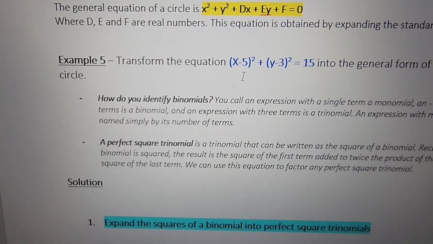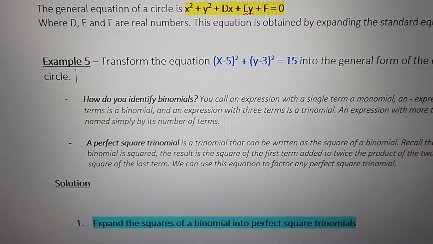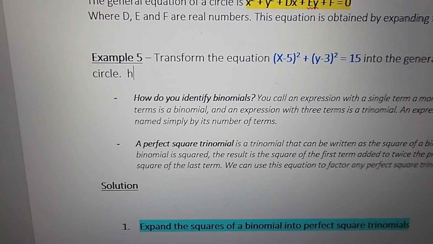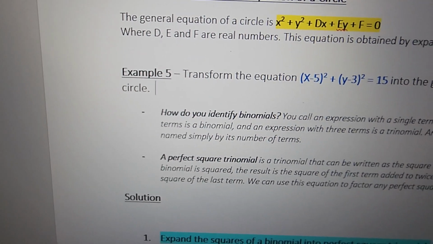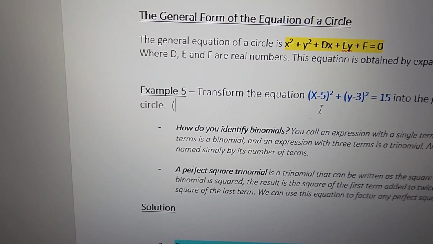In this equation, we have the center of a circle, right, in the standard equation of a circle, (h, k).